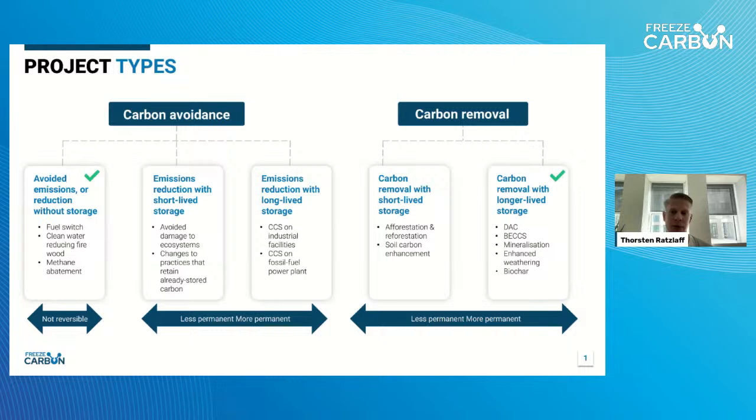And carbon removal projects with longer lived storage are priced starting at around 100 to 150 euros for biochar. And then they go up for direct air capture to around 400 euros, and very novel technologies also to 1,000 euros. But direct air capture is around 400 euros per ton of CO2 locked away.